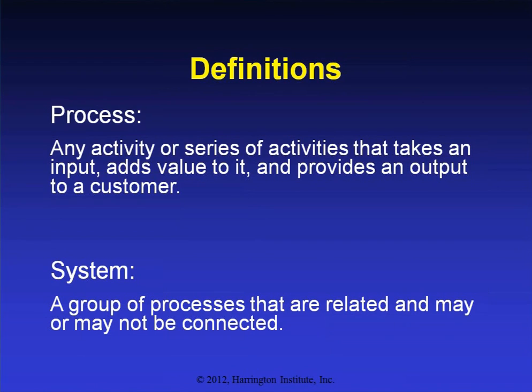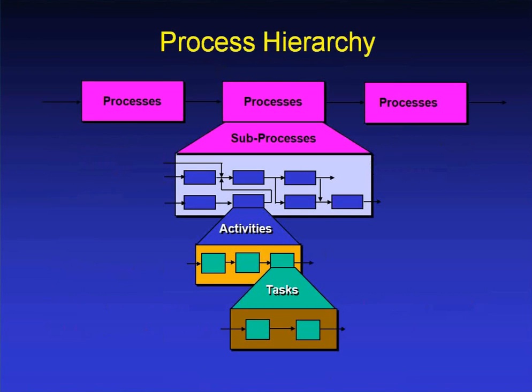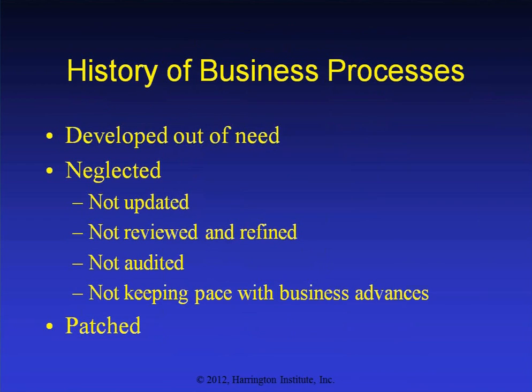And we're going to focus primarily on processes. If you think about processes, they break down from the process itself into sub-processes, the sub-processes down into activities, and then at the lowest end is the task, what we're actually doing. So those are some of the terminology we're going to use as we go forward. The history of business processes is very important.